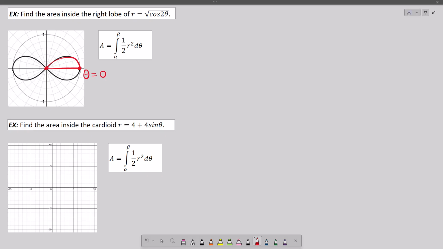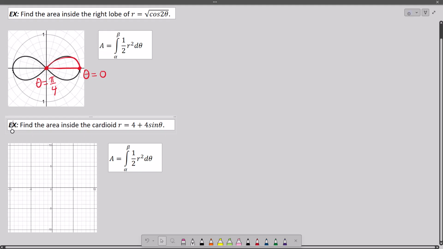Let's check. If we plug in pi over 4, pi over 4 times 2 is pi over 2. Cosine of pi over 2 is 0. So that is, in fact, true. We could look at Desmos to really nail it down, but this should be sufficient. As theta is increasing, as soon as we hit pi over 4, bang, we're at the origin.